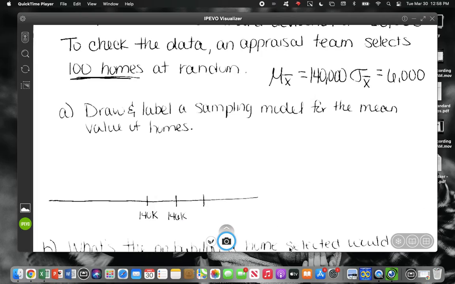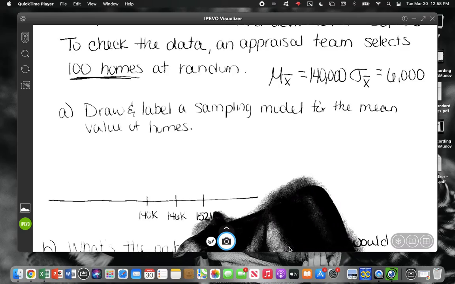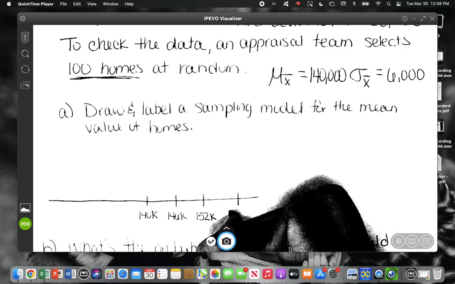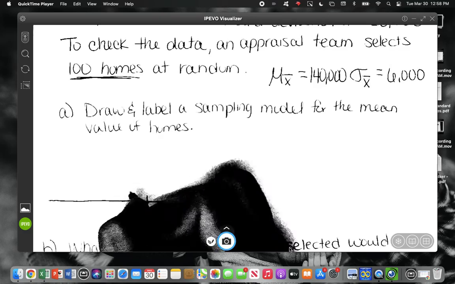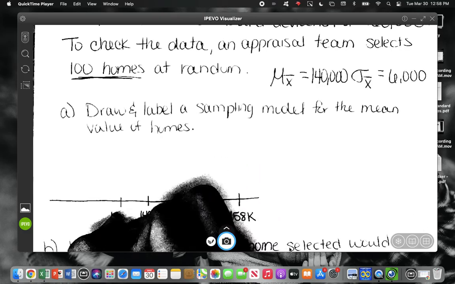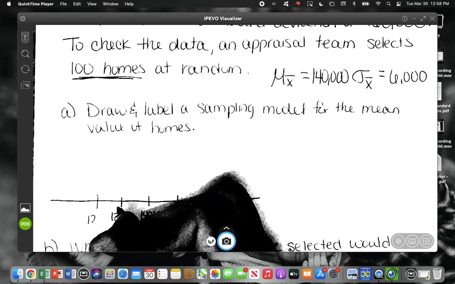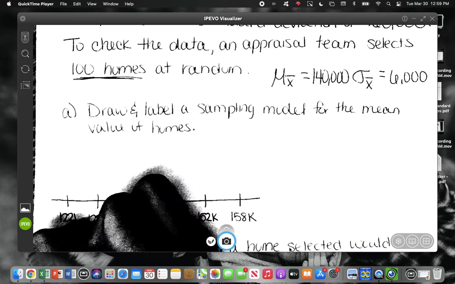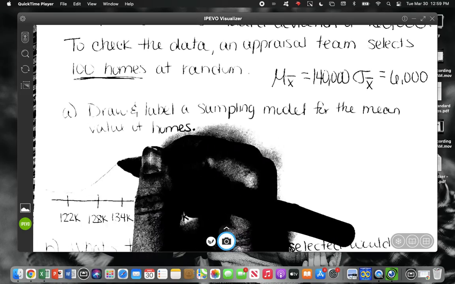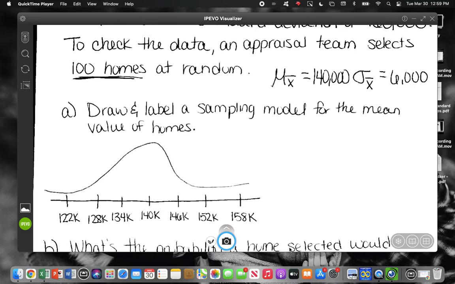My second one, 152,000, and my third one, 158,000. And then the other side I subtract, so I get 134,000, 128,000, and 122,000. And that is the worst bell curve I think I've ever drawn in my life.